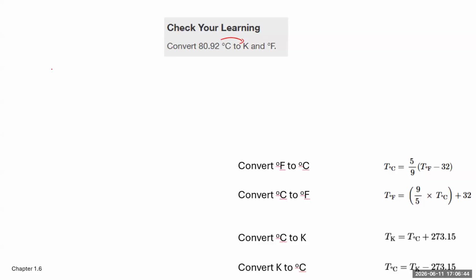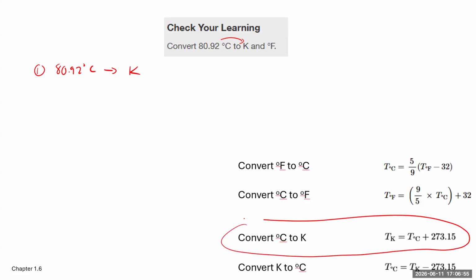Convert Celsius to Kelvin: we just plug in our Celsius here. Temperature in Kelvin equals our temperature in degrees Celsius plus 273.15.